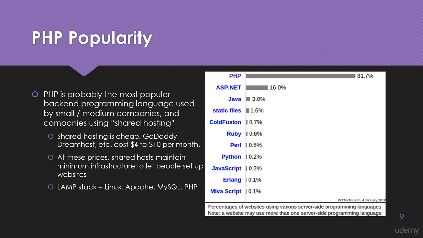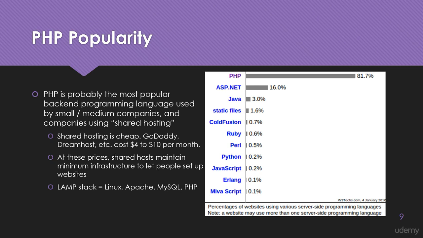These charge something like $4 to $10 a month, and they maintain minimal infrastructure to let people set up websites, right? So at this cost point, there's only like one set of services that can run on that shared hosting, which is Linux, Apache, MySQL, PHP, the LAMP stack, which is the minimal you need to run anything useful on the back end.